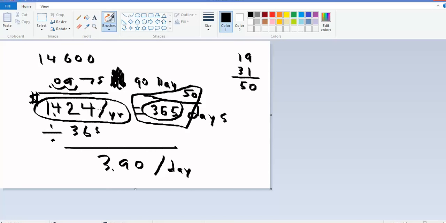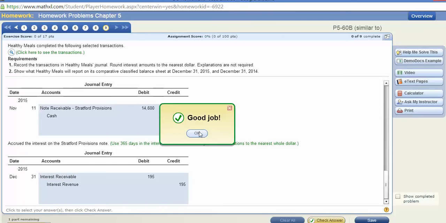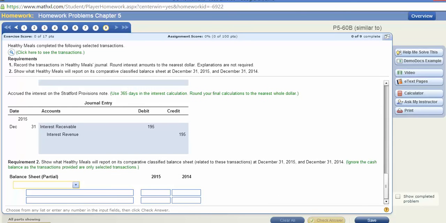So we take the full year's amount. This is why it's easier to get the full year's amount. You multiply it by the number of days that you're actually accruing, 50, and then divide by 365. That's the same as multiplying by the fraction 50 over 365. And that's how you basically accrue interest from the time of November 11th to December 31st. I hope you found this useful.